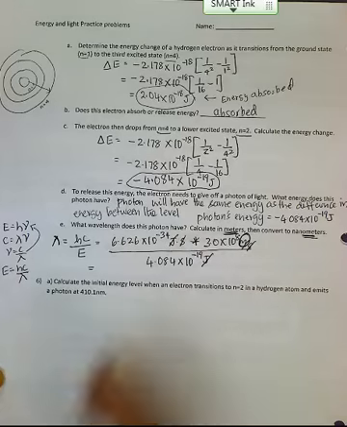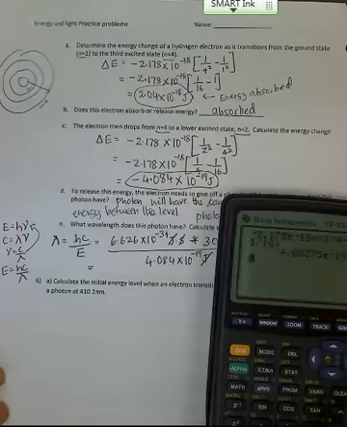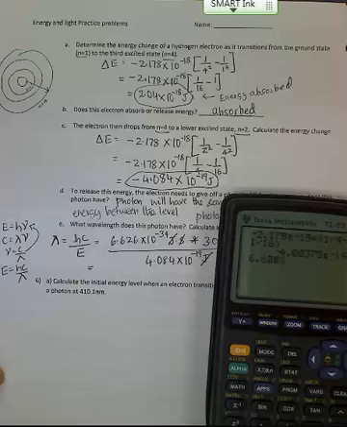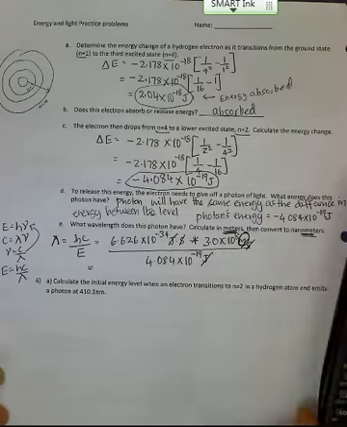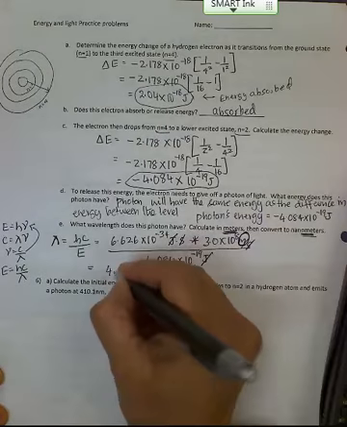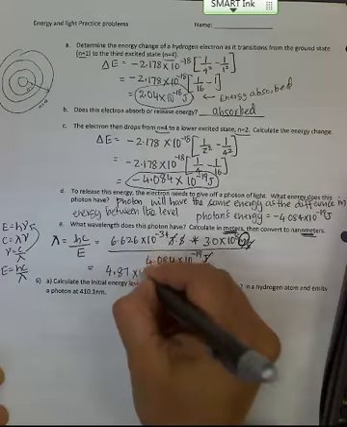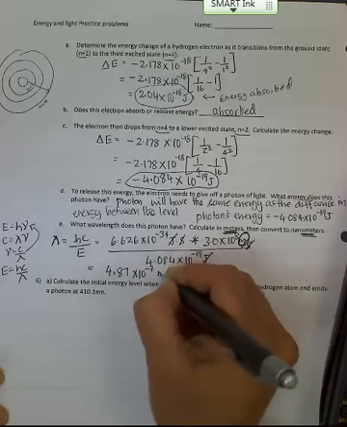So if I solve this equation, I'll first get the answer in meters, and then I will convert that into nanometers. Times 3.0 second E8 divided by 4.084 second E negative 19, and my final answer is 4.87 times 10 to the negative 7 meters.